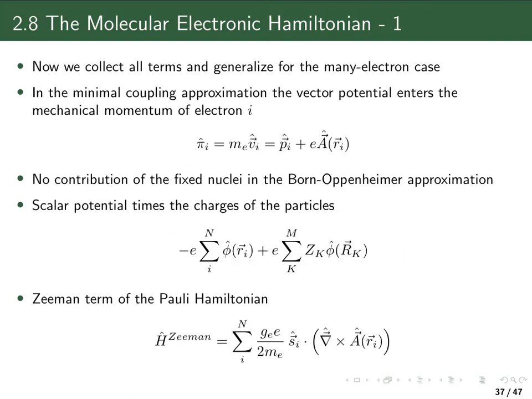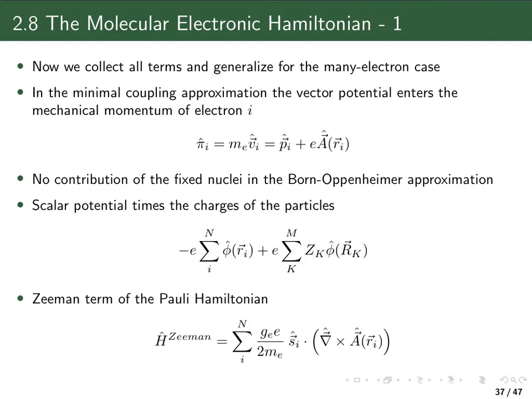Now we want to collect all the terms which we have derived in the last two lectures for the one electron case and generalize the expressions for the many electron case. In a minimal coupling approximation, both non-relativistically and relativistically, the vector potential of the electromagnetic fields enters the mechanical or kinematical momentum of the electron pi.